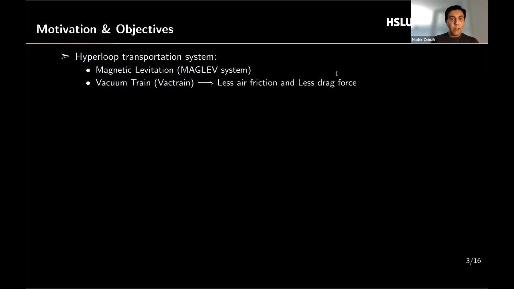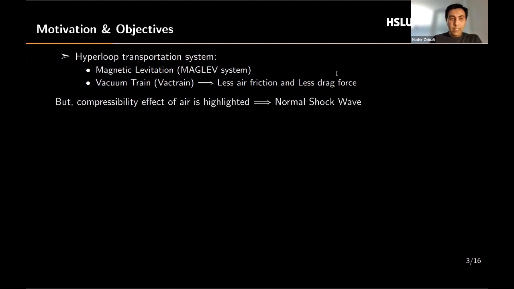The main advantages that we can get from a vacuum or near vacuum condition is less air friction, which results in less drag force and of course less energy consumption. But in this condition, the compressibility effect of air is highlighted, which causes the generation of normal shock waves.